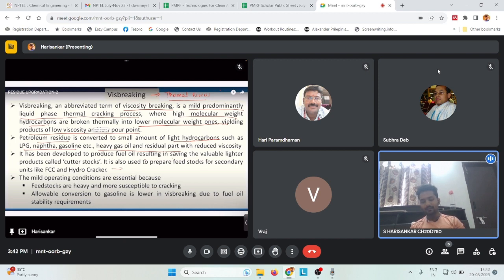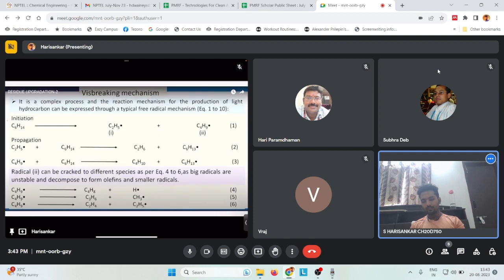So basically, what this means is that the heavy gas oil, HGO, and residues, and all the vacuum gas oil that we produce, we can send it to catalytic cracking units or FCC units, where they are further cracked to produce even lighter compounds like diesel, gasoline, and so on. So that is basically an overview of this visc breaking process or viscosity breaking process. So if you look at the mechanism, this visc breaking process follows a free radical mechanism.